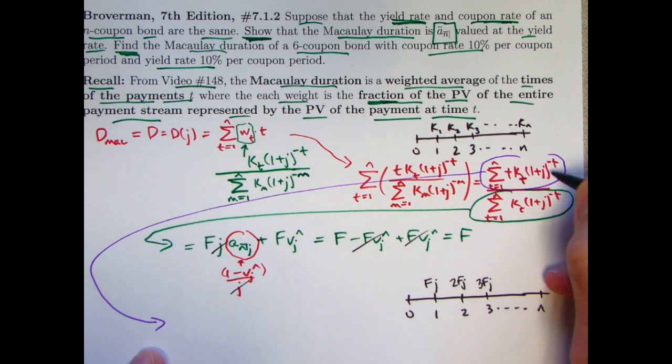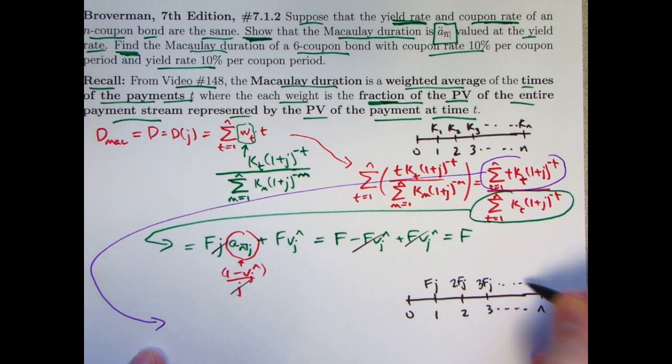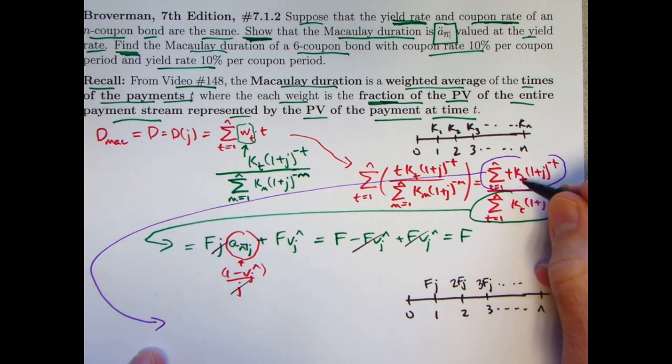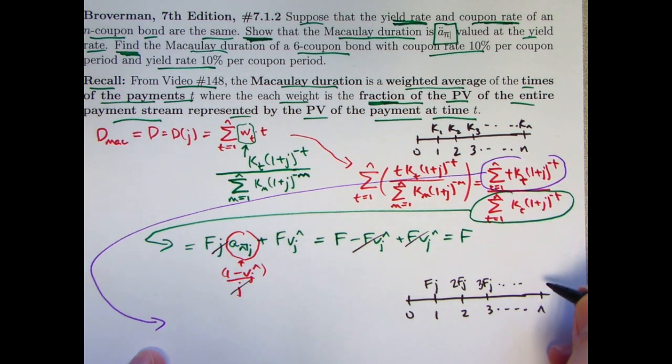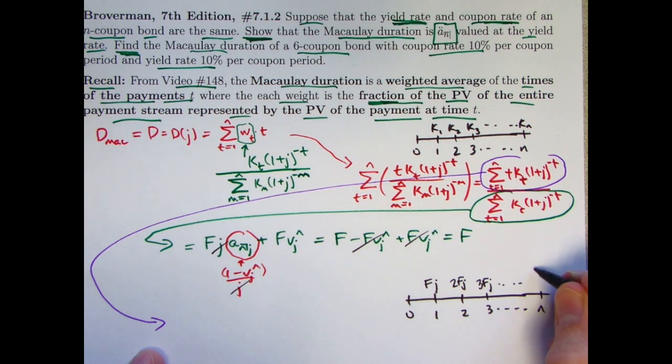And the third one would be 3 times f times j. Now, again, the numerator does involve discounting those things. The last one would involve n times f times j, but also n times f. Let's write it this way. Let's put n times f up here, and then plus n times f times j down there.